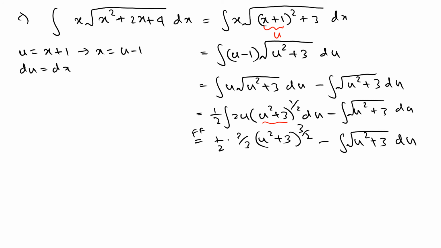There's also a simplification going on here. So you write this one as 1/3 u squared plus 3 to the 3/2, and then minus this one. This step is not really necessary. I'm just repeating it for clarity.